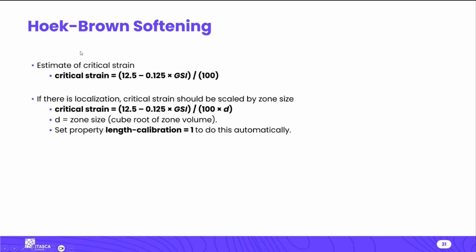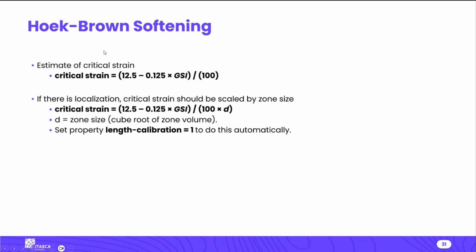Be aware with strain softening that the behavior is somewhat mesh dependent. So one of the parameters you will recall is this critical strain, or the plastic strain over which you see this weakening. Strain, of course, is the change in length over length of an individual zone, and so the size of that zone will actually make a difference to the behavior of the system.